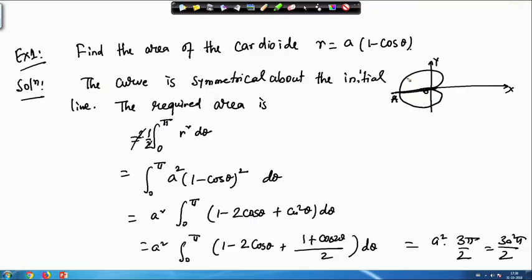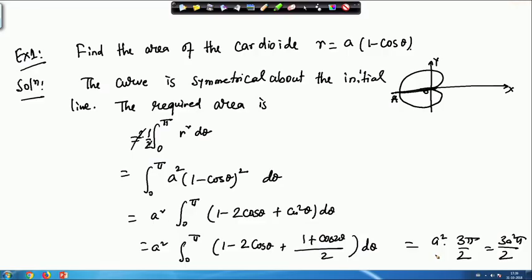From the shape we can see that the curve is symmetrical about the initial line, and then we can calculate the sectorial area by just writing the limit 0 to pi and then multiplying it by 2, so that we have the entire area. Then you just do some simple calculation and that will give you the required answer. So this is a very interesting example where we actually didn't have to take help of the Cartesian coordinate system.